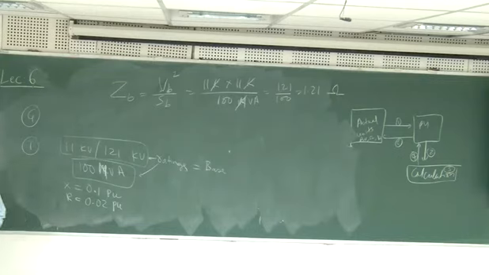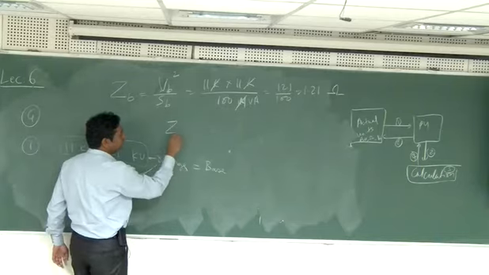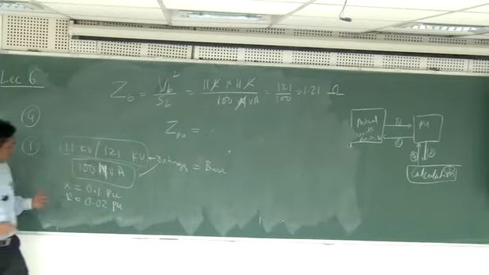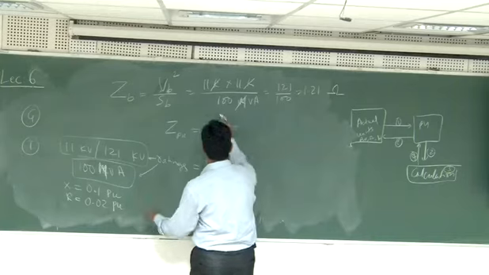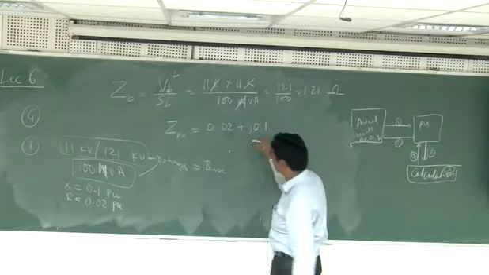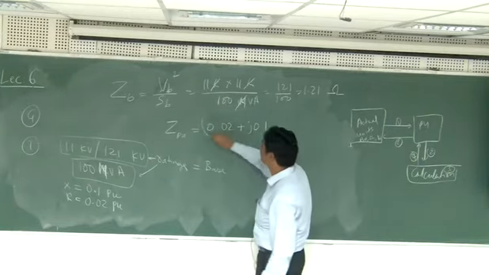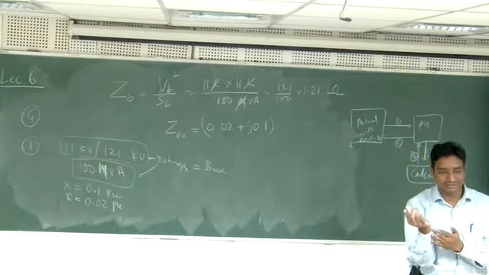But what is the reactance of the transformer? You have the per unit value. So Z per unit of the transformer is 0.02 plus j0.1, because this is R and this is X. To convert from actual to base, you divide by base.